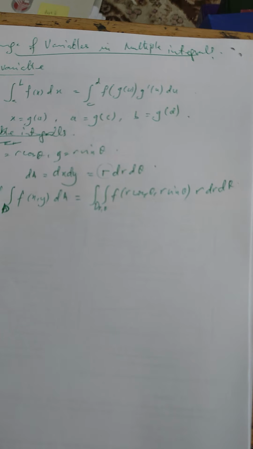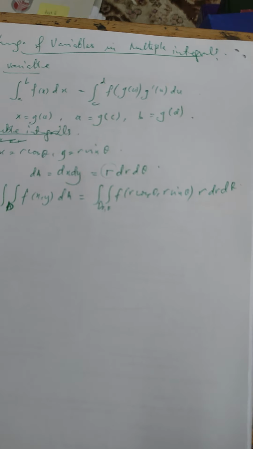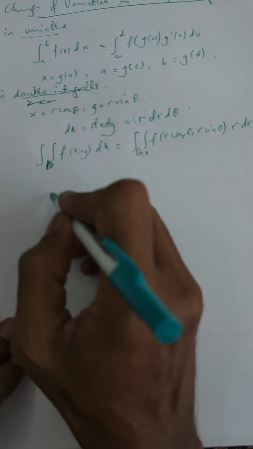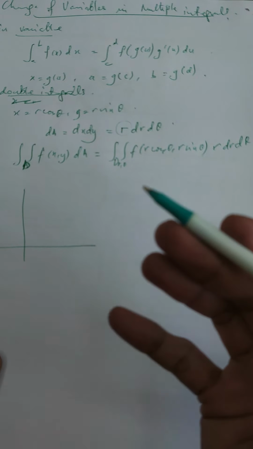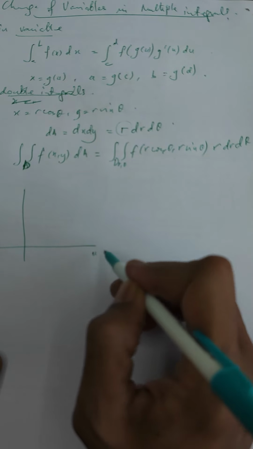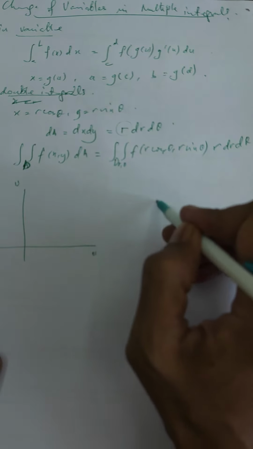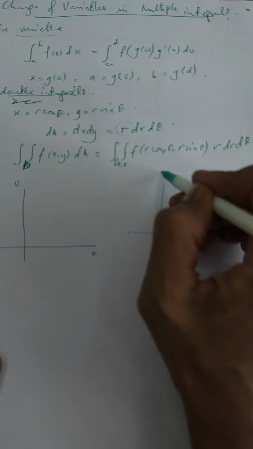So what actually happened? We do a kind of transformation from the plane, say uv, to the plane xy.